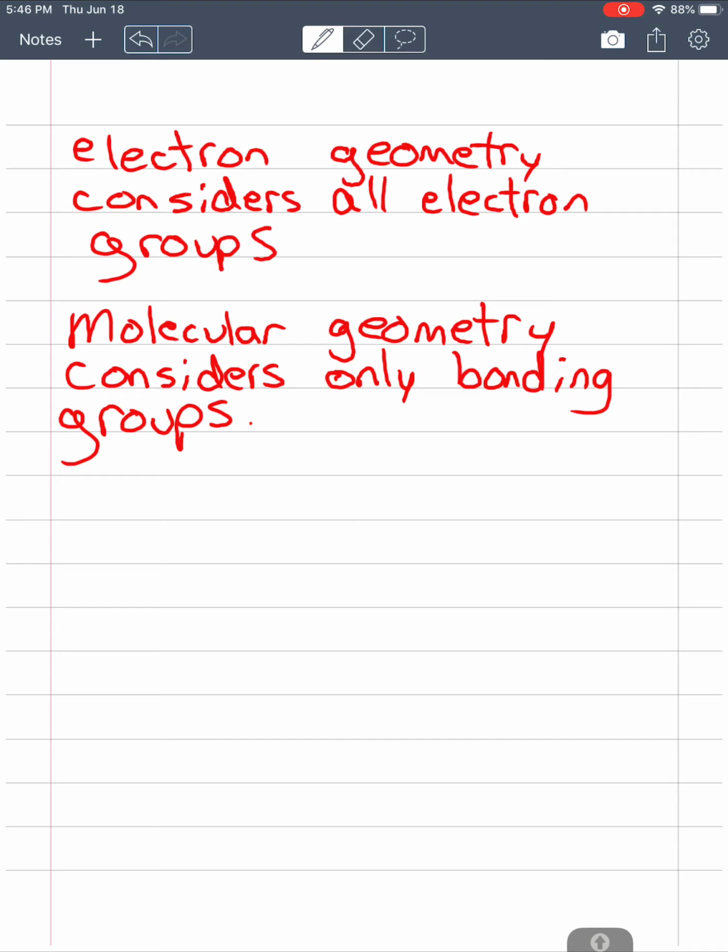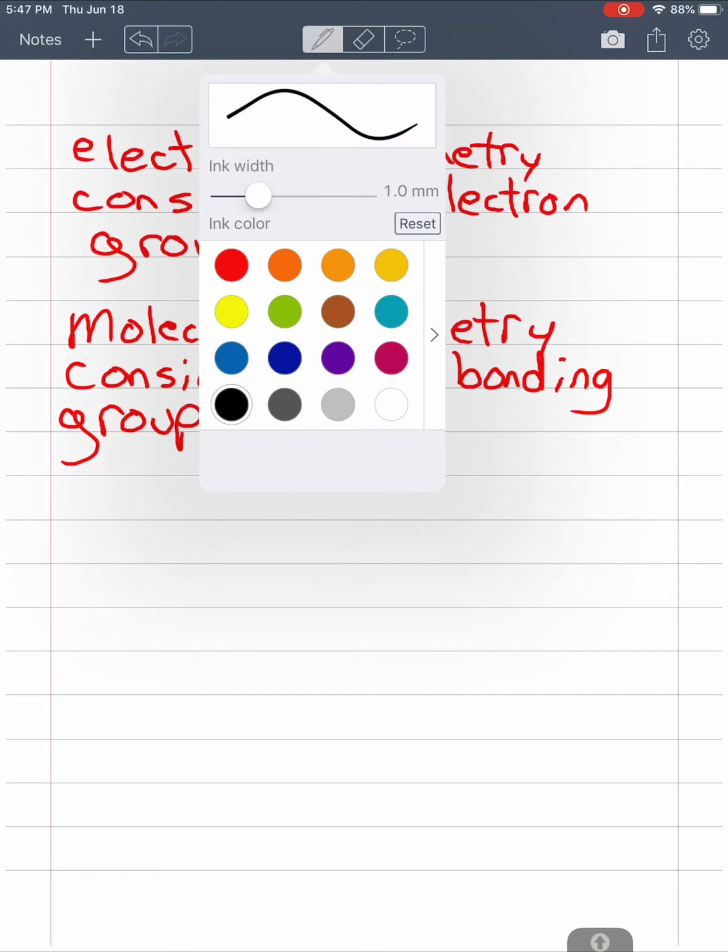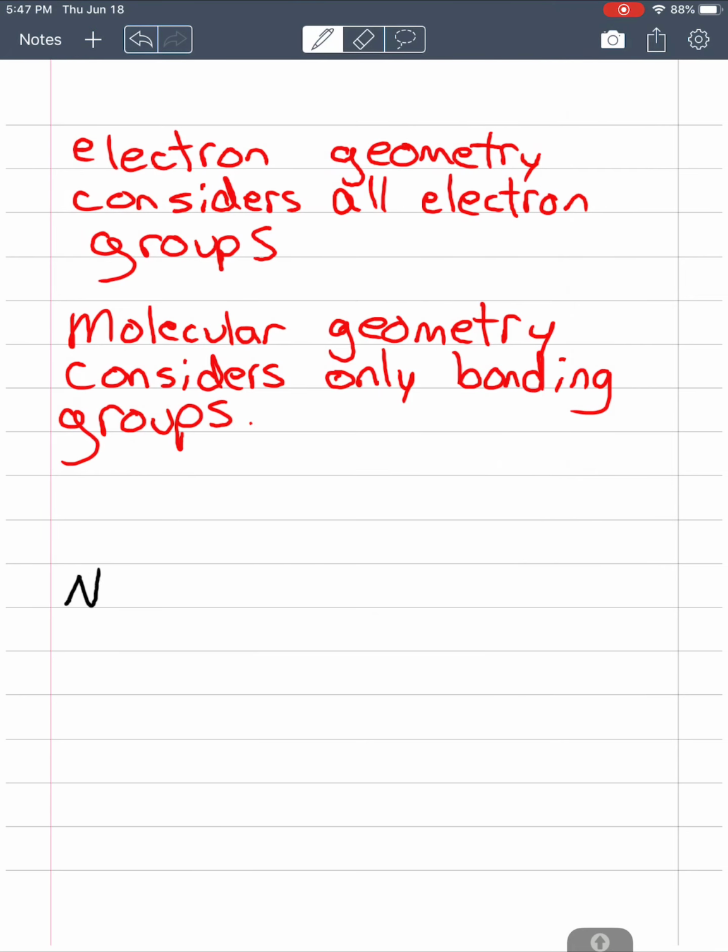All right, so molecular geometry considers only bonding groups. There's a time when your electron geometry is the same as your molecular geometry, and that's if you have no lone pairs.